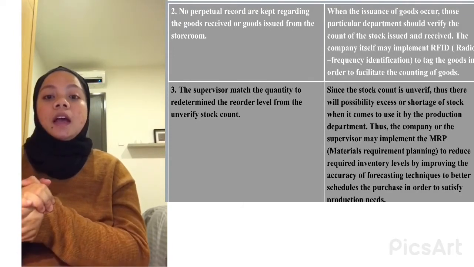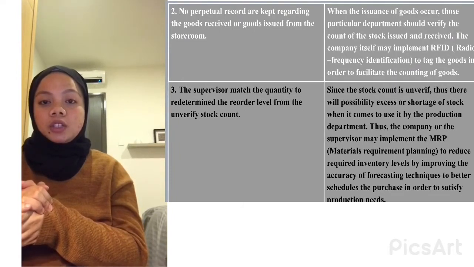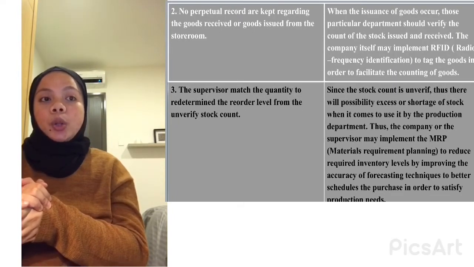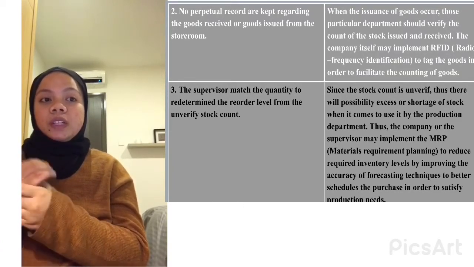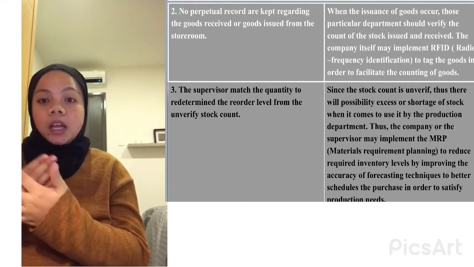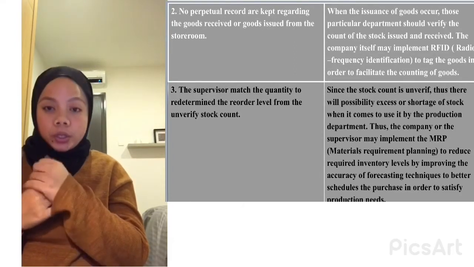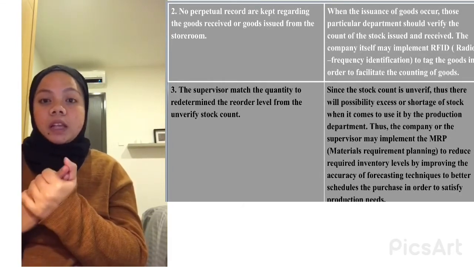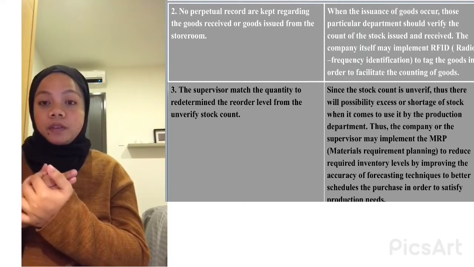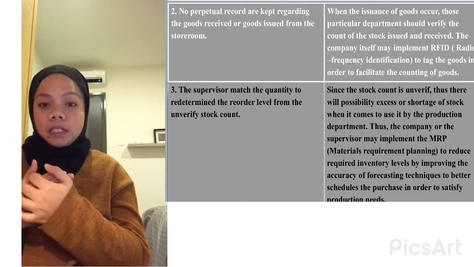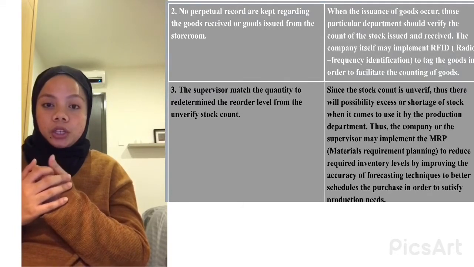And the third weakness in Alvin's expenditure cycle is that the supervisor of the company matches the quantity to the predetermined reorder level from the unverified stock count. So in order to improve this weakness, since the stock count is unverified, there will be the possibility of excess or shortage of stock when it comes to use by the production department.